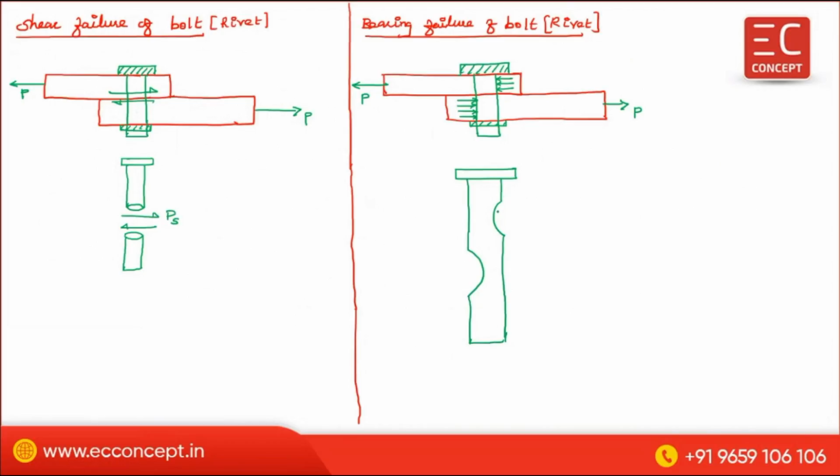Because of the bearing, this portion, the size will be reduced. So the corresponding stress will be the bearing stress. So this is the bearing stress. The bearing strength of bolt we can write as BS, so this also PB. So this is the bearing failure of bolt.